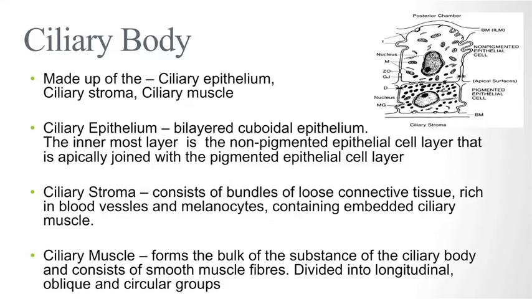Ciliary stroma consists of bundles of loose connective tissue, rich in blood vessels and melanocytes, containing embedded ciliary muscle. Ciliary muscle forms the bulk of the substance of the ciliary body and consists of smooth muscle fibers, divided into longitudinal, oblique, and circular groups.